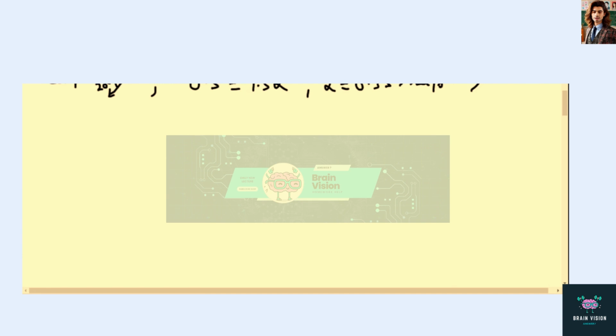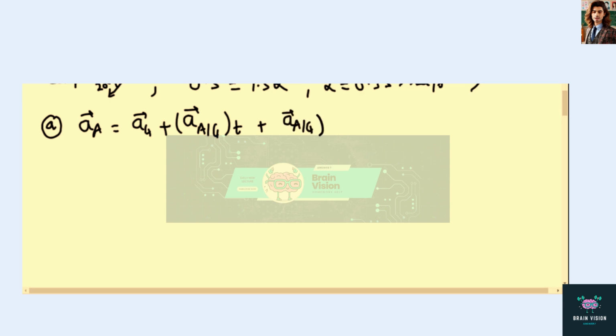Now, part A. The acceleration of A we can write as the acceleration of G, plus the acceleration of A with respect to G in the tangential direction, and the acceleration of A with respect to G in the normal direction.